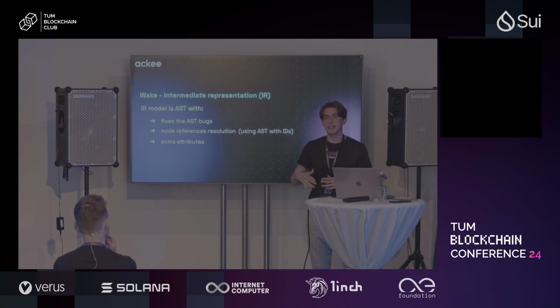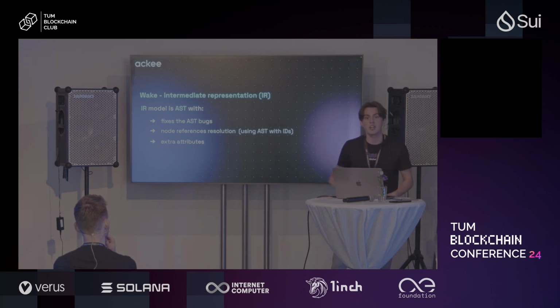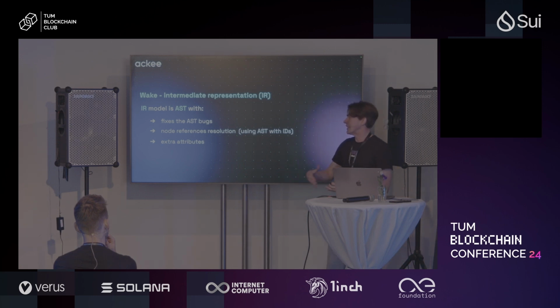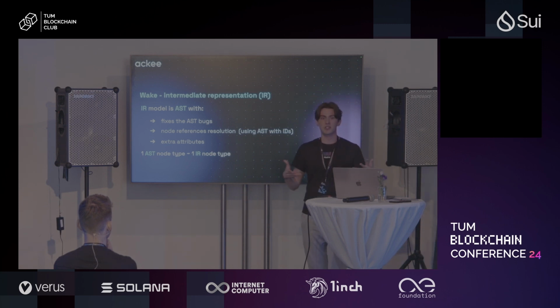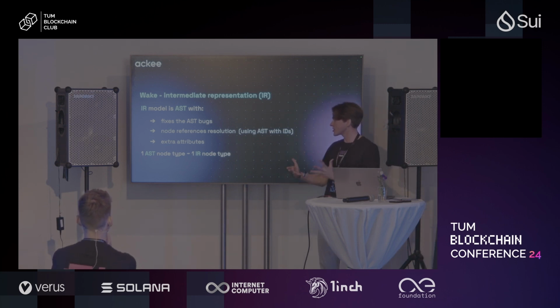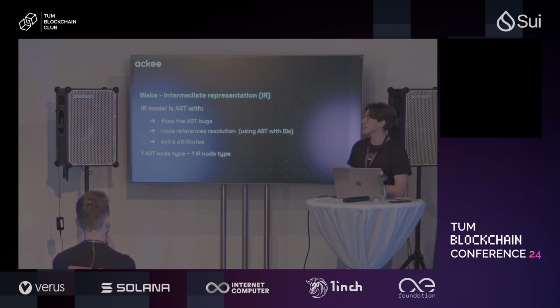And of course, we enrich these nodes and edges with extra types to better analyze it and look deeply into the code base of smart contracts. Also, I want to mention that one abstract syntax tree node type equals one intermediate representation node type.